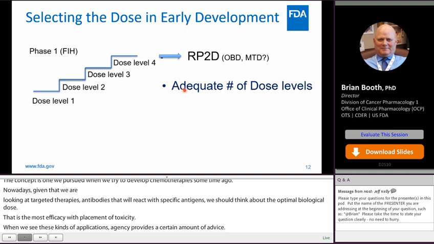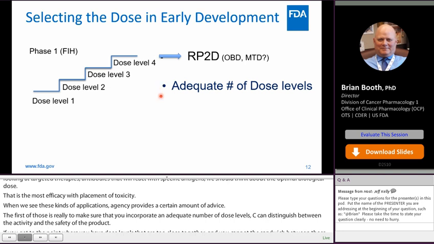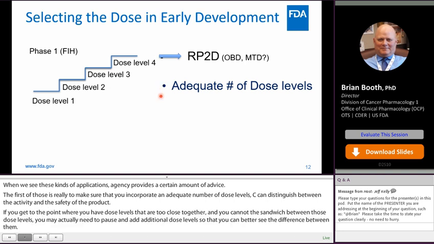If you get to the point where you have dose levels that are too close together and you cannot distinguish between those dose levels, you may actually need to pause and go back and add additional dose levels so that you can better see the difference between them. Furthermore, another important point here is making sure that you incorporate an adequate number of patients so you can make those determinations.